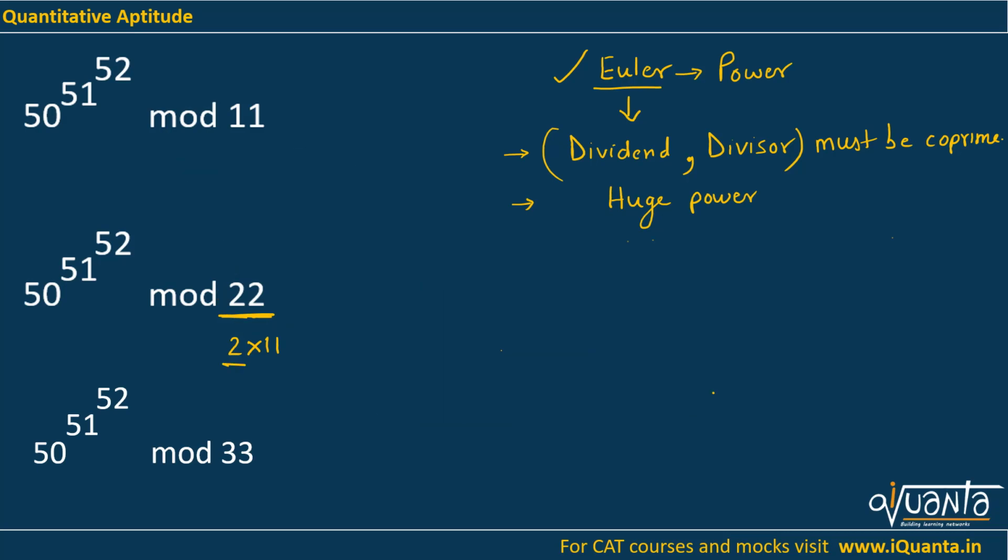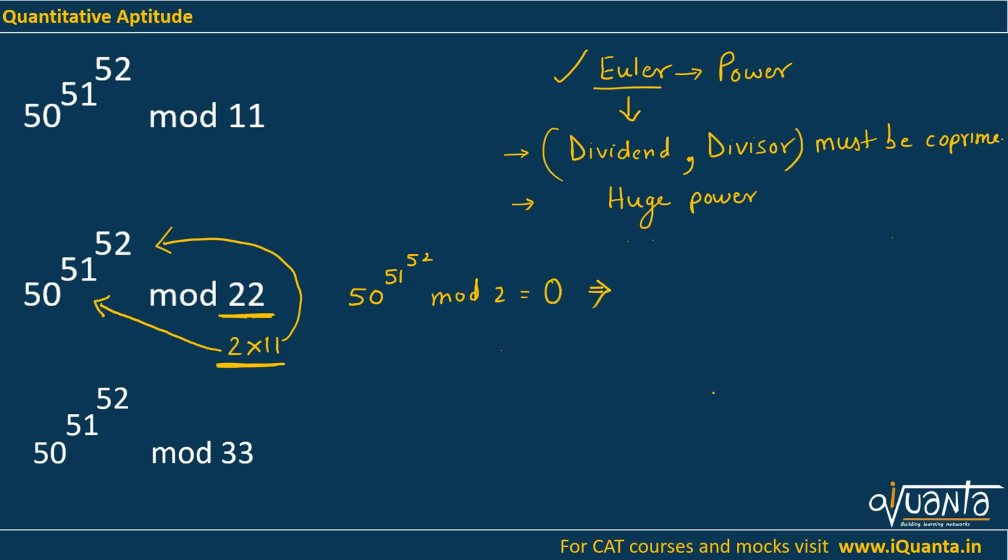Now when you break this divisor into product of two numbers which are coprime, after that you have to find out remainder by both these numbers. That means you will find out 50 to the power 51 to the power 52 mod 2 and same with mod 11. So let us find out 50 to the power 51 to the power 52 mod 2. We can simply see that 50 is a multiple of 2, so the remainder here will directly be 0.